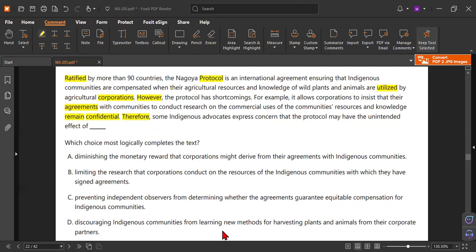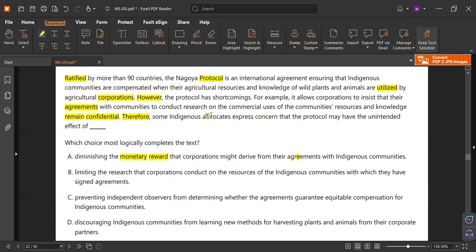Always find the information supported in the text. But remember, here we have therefore. So based on these facts, what can we conclude? They mention the monetary reward that corporations might derive. This is not mentioned. He mentioned that we have an agreement, but he didn't mention monetary reward.